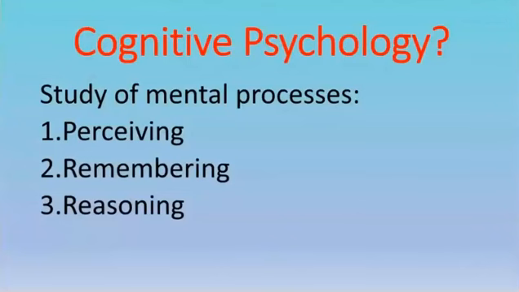First we perceive, then we keep it in memory, we remember, and then reasoning. We were talking about Trump, and why he perceived it as the Chinese virus: because it originated from China. So: perceiving, remembering, and reasoning, that is cognitive psychology.